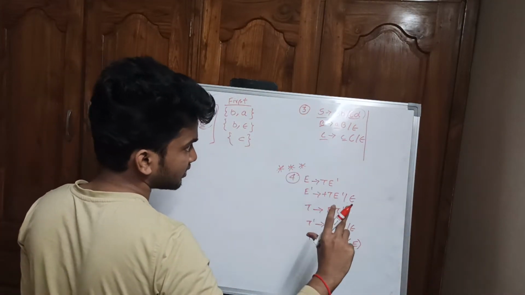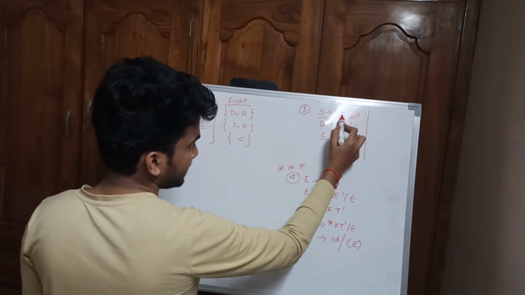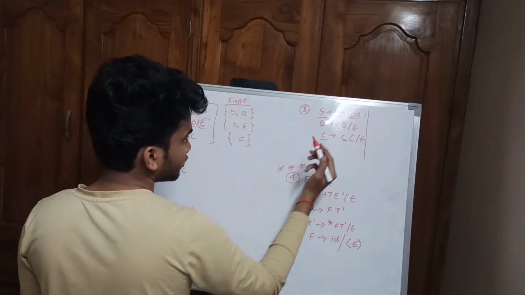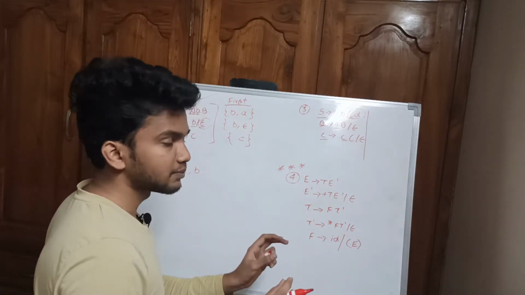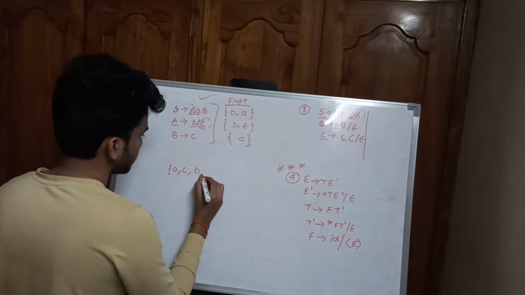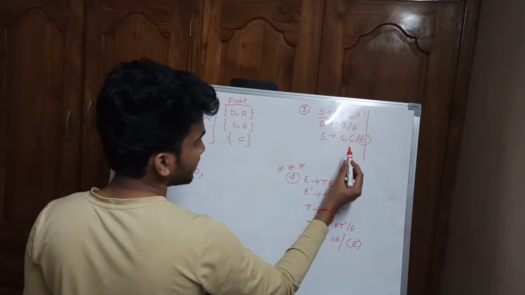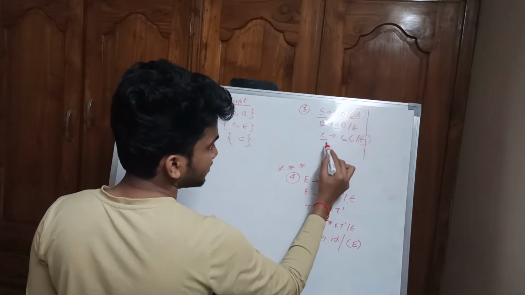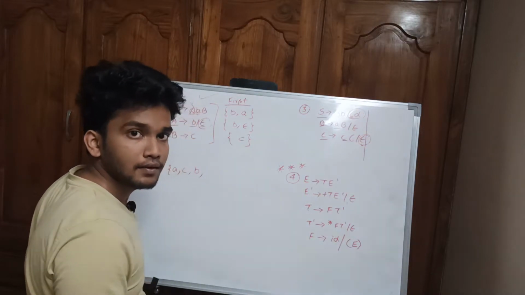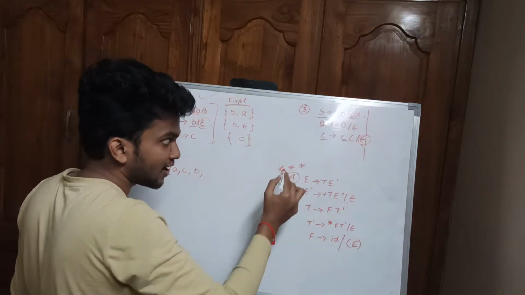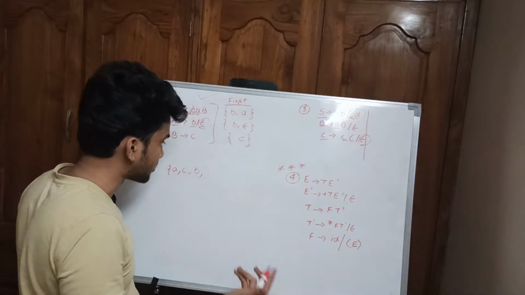Now you see the thing, B can generate epsilon. When B generates epsilon here, we will get small b. That is First of the small term, that is terminal itself. And similarly, when C is also generating epsilon here, right, and we are calculating First of capital C, so if it generates epsilon, we will get small d, because that would be vanished and we will consider the terminal, and First of a terminal is the terminal.